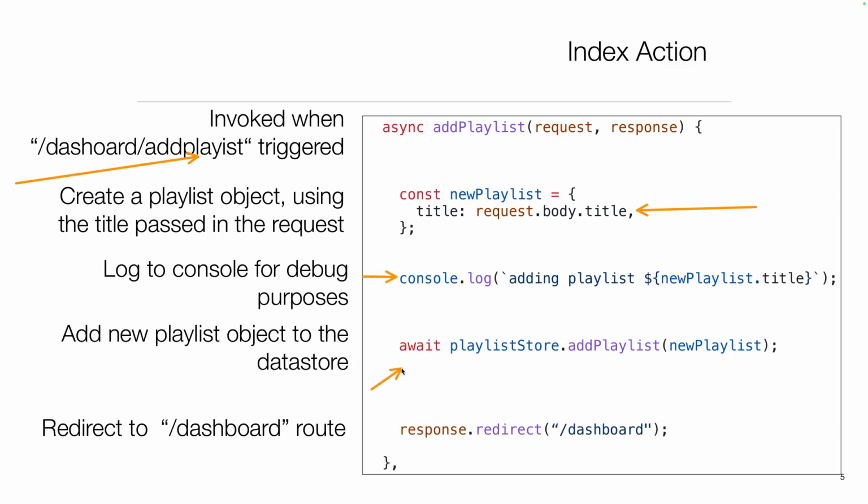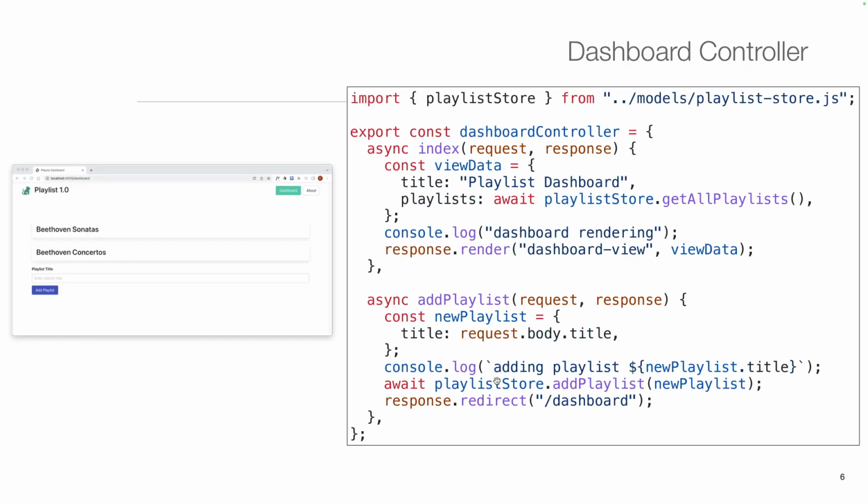And again, we are using the await keyword here because this is an asynchronous action to add the playlist to our playlist store. We then redirect back to our dashboard route to go to the index, and that will show us our playlists listed.